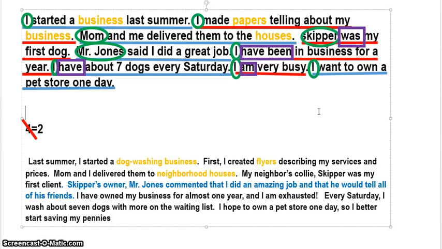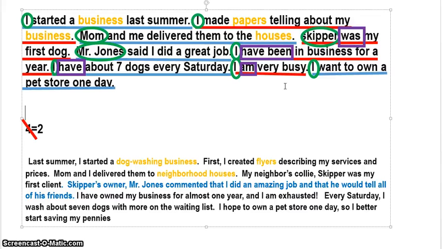Mr. Jones commented that I did an amazing job. So I changed great to amazing. And then I added to that sentence because it was choppy. Now, another thing that you can do is that you can combine sentences.